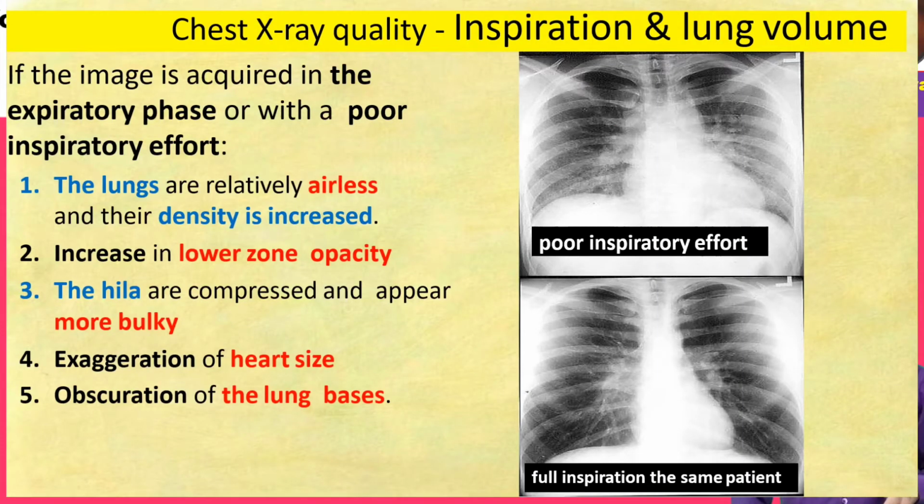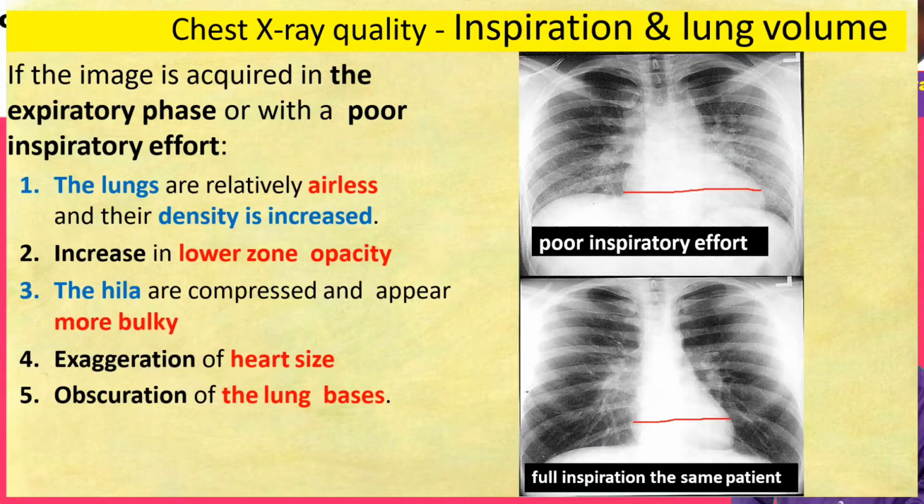So you can see here in both X-rays, this is the poor inspiratory film and this is the full inspiration or good inspiratory film. Here we can see the density is increased at the lower lung field, while the overall lung fields are poorer than in the good inspiratory picture. And there is exaggeration of the heart size; you can see here the heart size is exaggerated compared to the normal size.